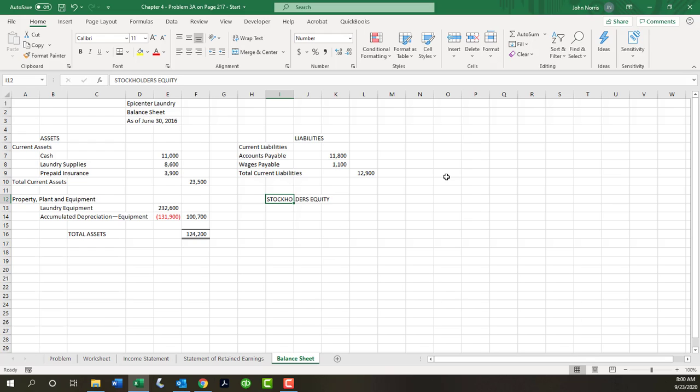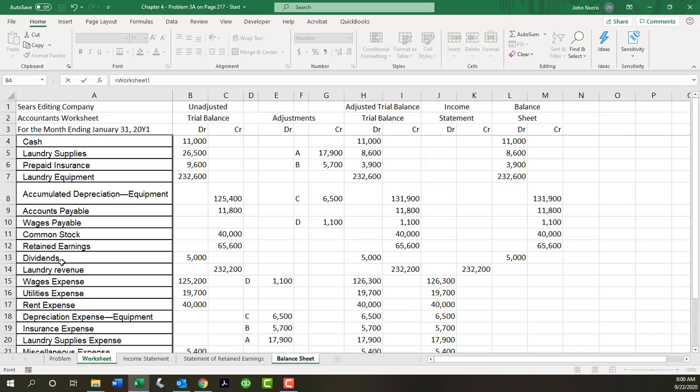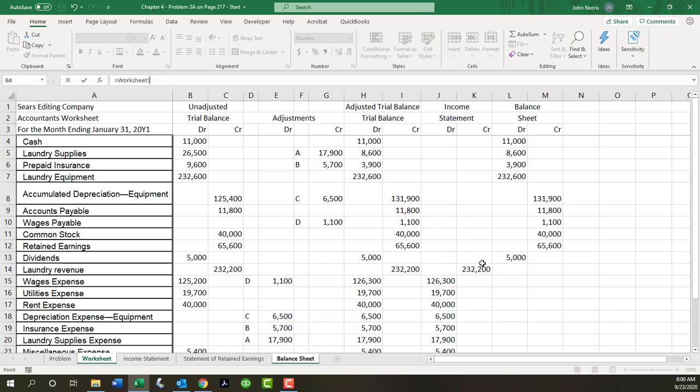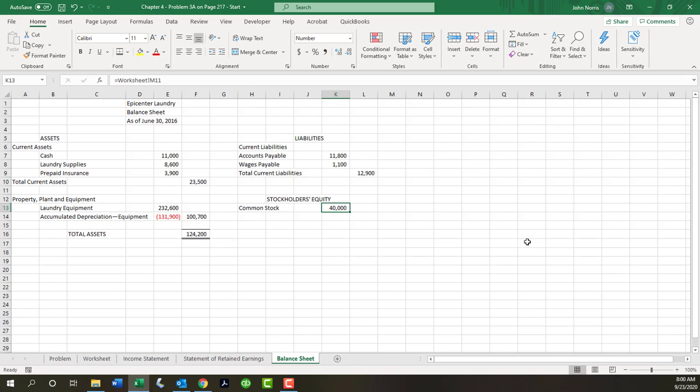stockholders' equity of common stock, and common stock totaled 40,000.